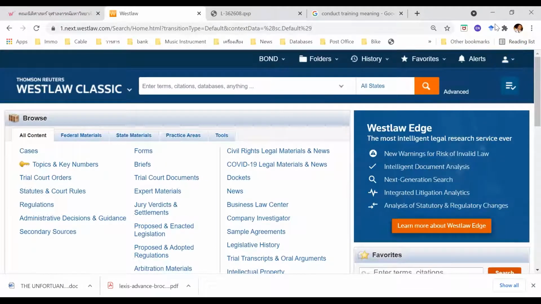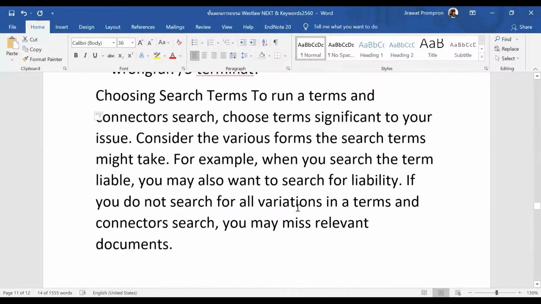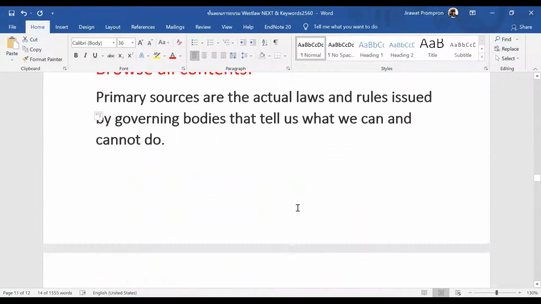So now you got the idea. Search the secondary source. And now I bring you again to search the primary source. Use the same method, use the same terms. So come back to the primary source again.